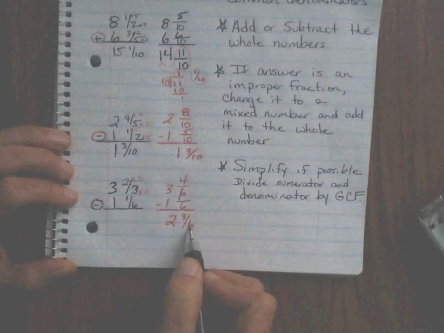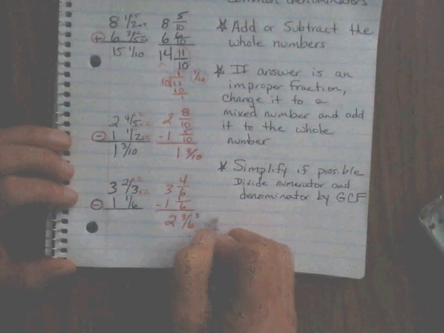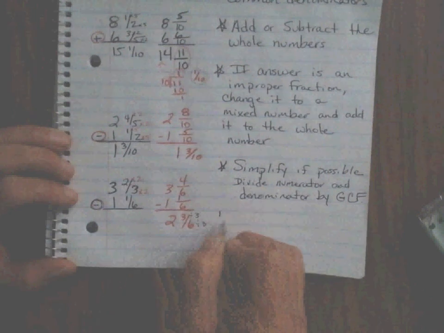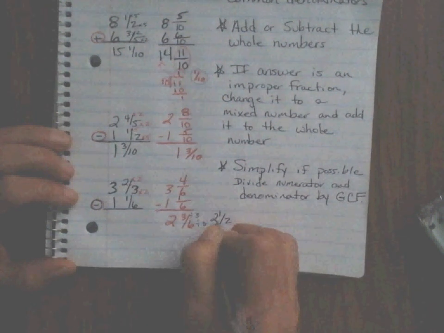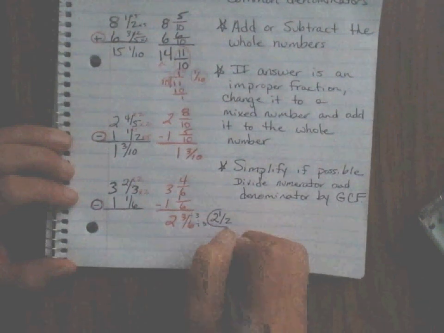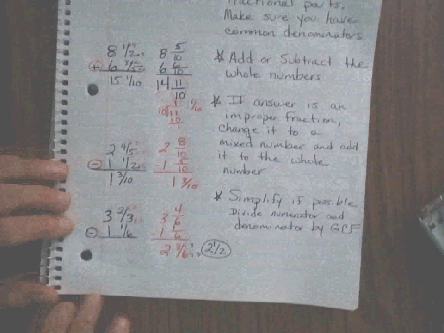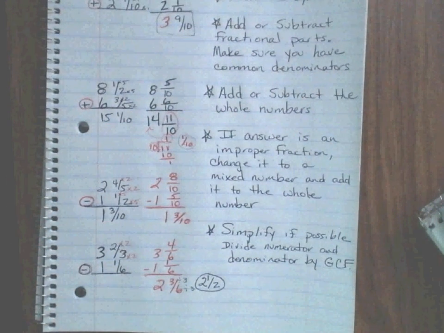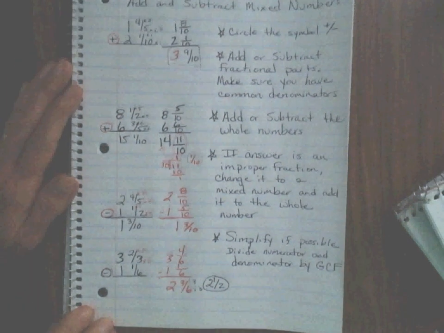Well, my greatest common factor between 3 and 6 is 3. 3 divided by 3 is 1. And 6 divided by 3 is 2. So my final answer is actually 2 1/2. I know that was a lot, and we will have a lot of practice.